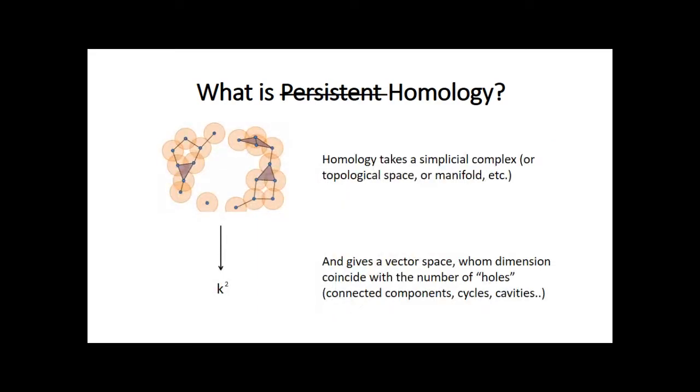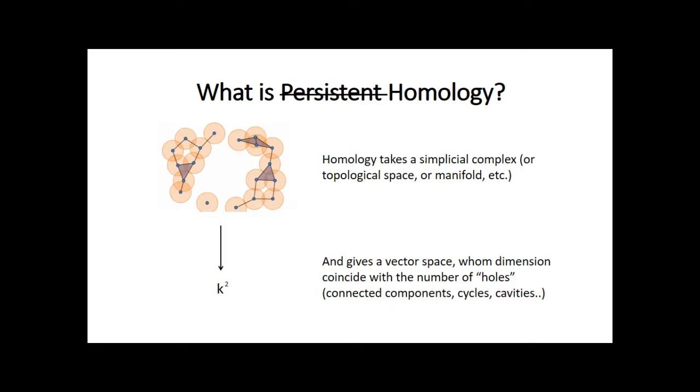Okay. But what's the mathematics behind that? That's the first thing I want to tell you in this talk. The mathematics behind that is constructed on the notion of homology. What's homology? It's kind of difficult to explain, but we have an intuitive notion of holes.